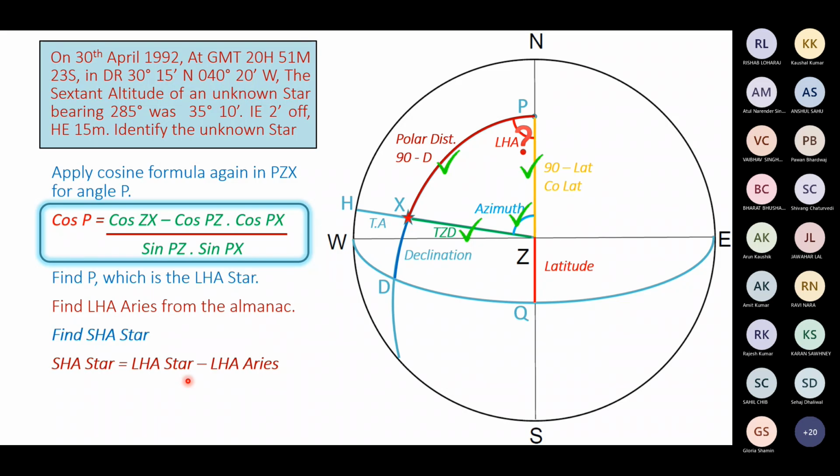We have just calculated this angle P, which gives us the LHA of the star. And we have obtained the LHA Aries from the almanac. Now with both these known to us, their difference gives us the SHA of the star. So this is the second item which we have obtained. The first item which we found was the declination of the star. The second thing which we obtained was the SHA of the star.